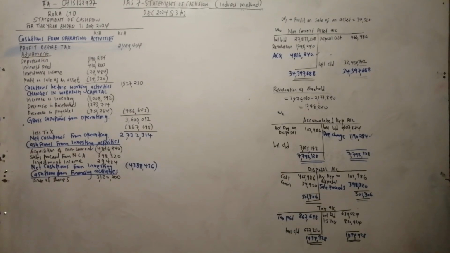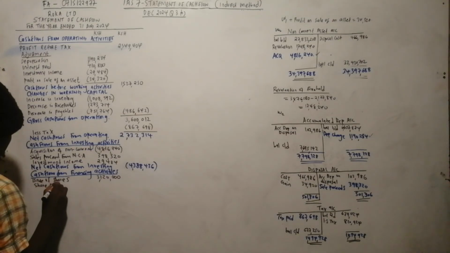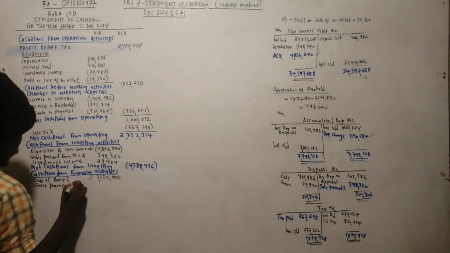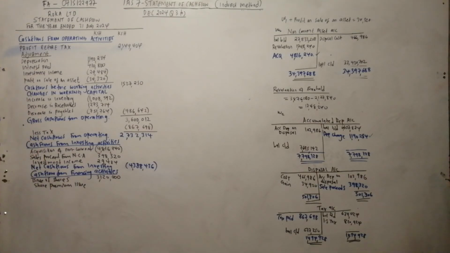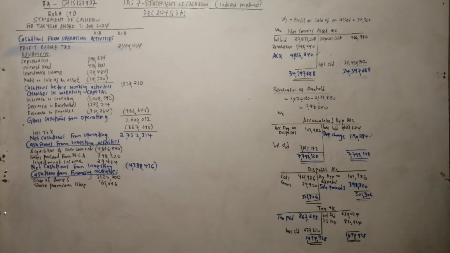Share premium also increased. So we have share premium issue. So there was also an issue. So it increased. So 4,103,840 minus 4,038,814.